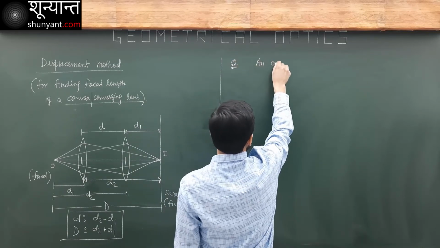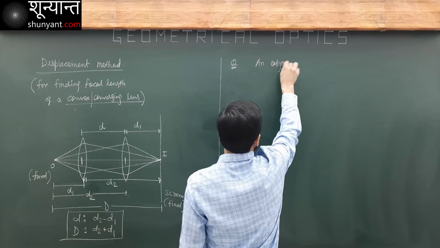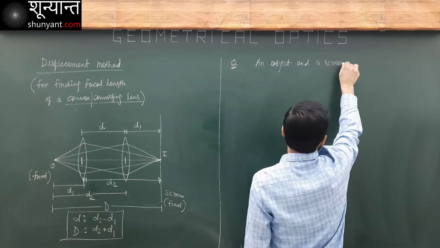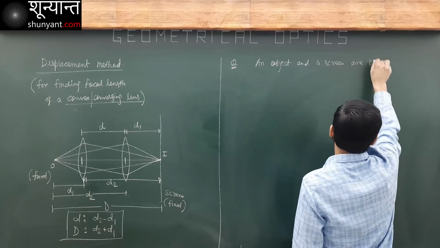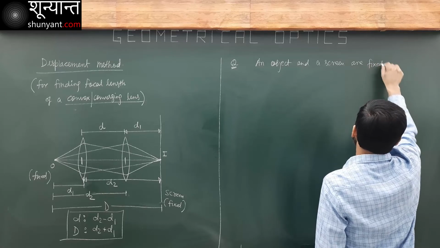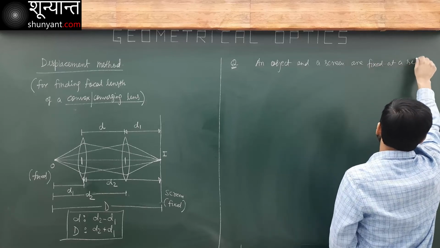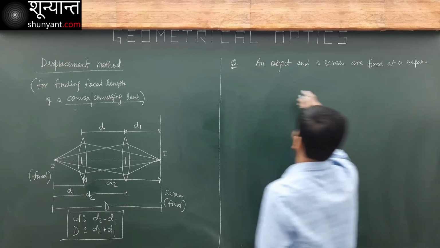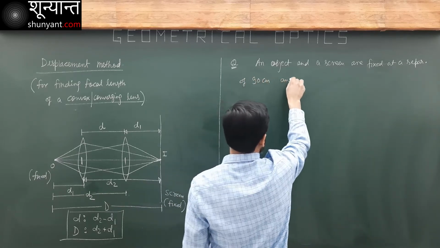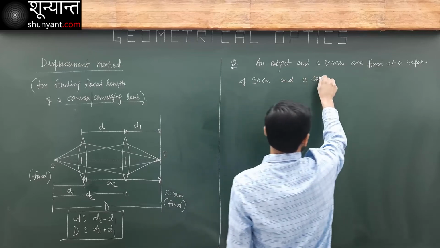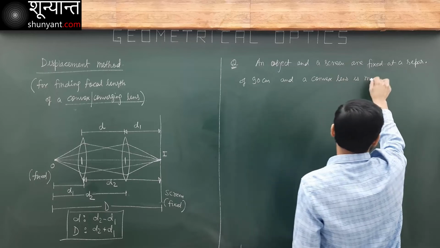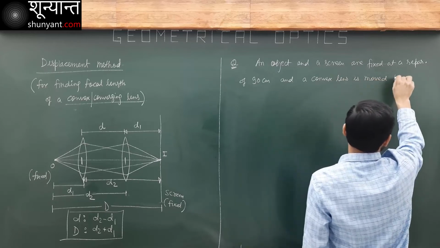An object and a screen are fixed at a separation of 90 centimeters, and a convex lens is moved between them.